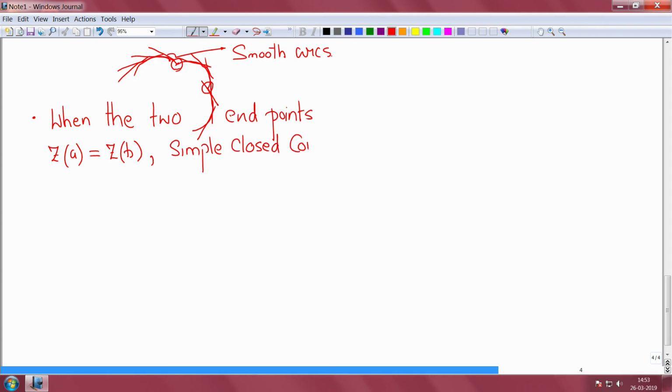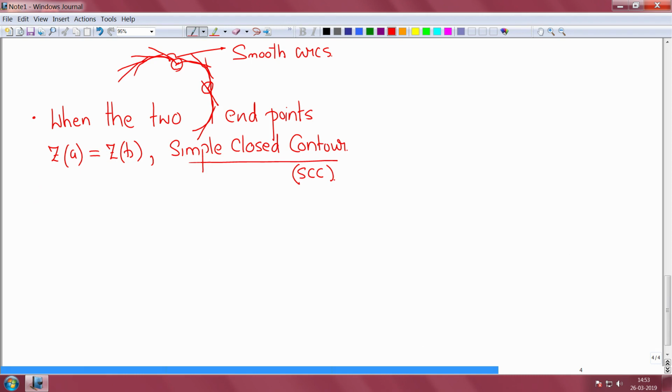This is another contour we will come across quite a bit, and I will use the acronym SCC, which will stand for simple closed contour. I will not expand it all the time.